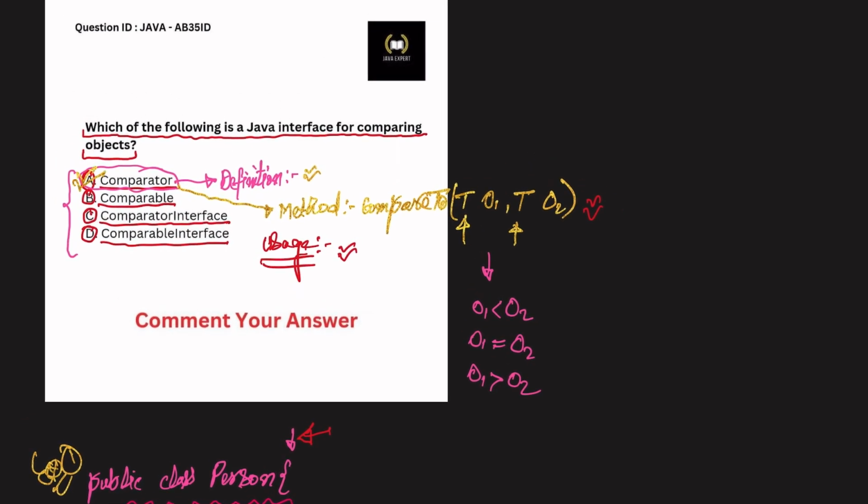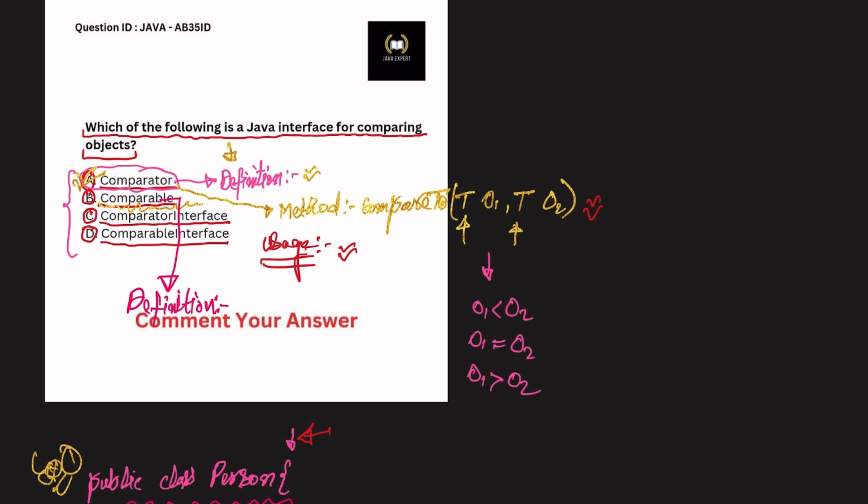Okay, let's check B option, comparable. For option A, first we have seen the definition. So again, let me tell you, for comparable, we again start with the definition so that you can understand easily. Definition.